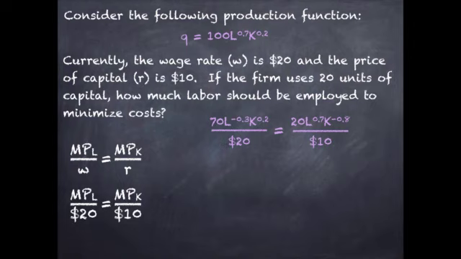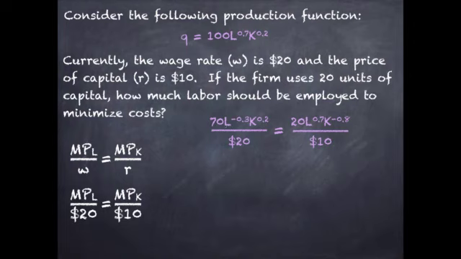For example, we can multiply both sides by K to the 0.8 power. All right? So if we multiply this side by K to the 0.8 power, we get K to the 0 power, which is equal to 1. So that negates. And we can multiply both sides by L to the 0.3 power.